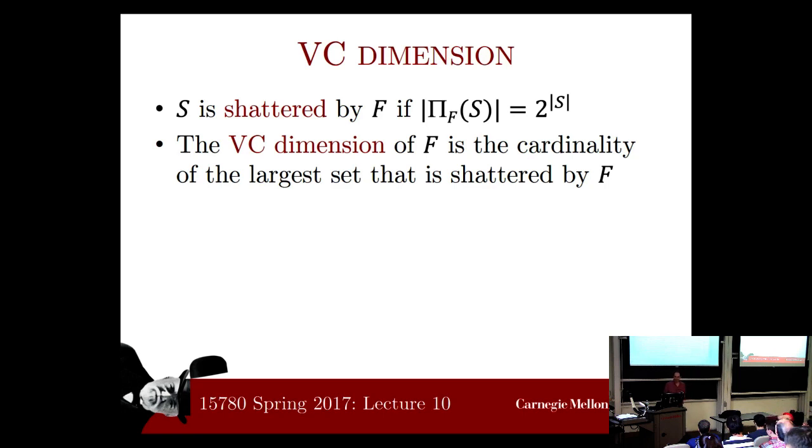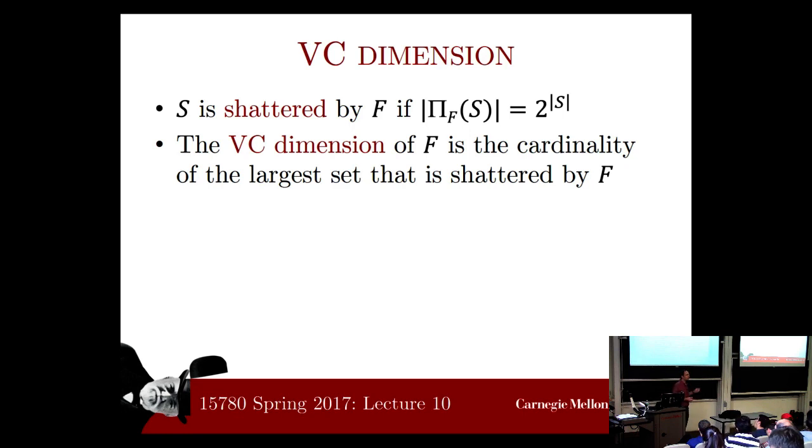So if the size of the set pi F of S is 2 to the size of S, or in other words, if we had m examples, if we could actually achieve every possible labeling over these points, which means the size of the set is 2 to the m, or 2 to the size of S, then we say that the set S is shattered by F.